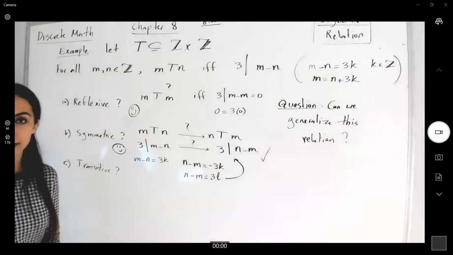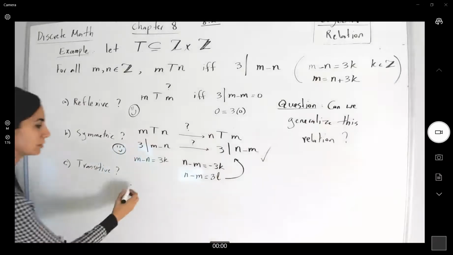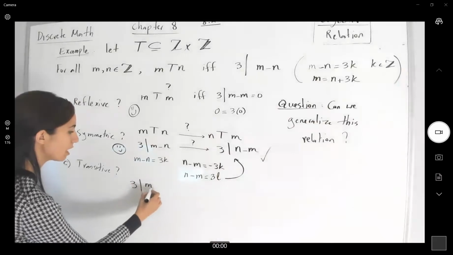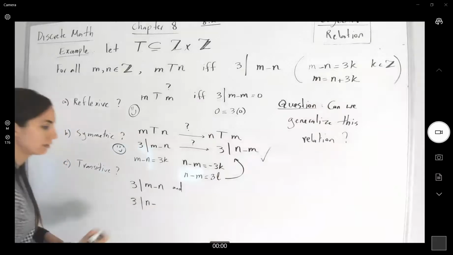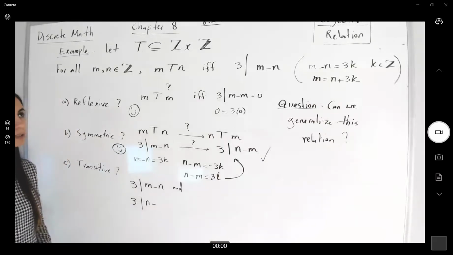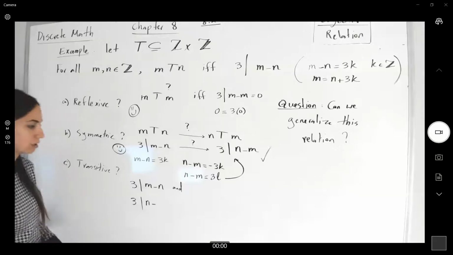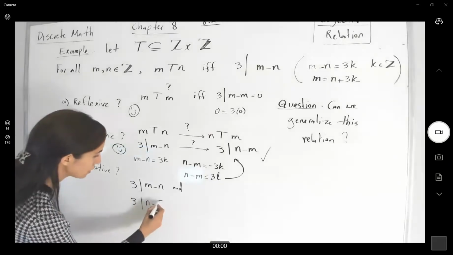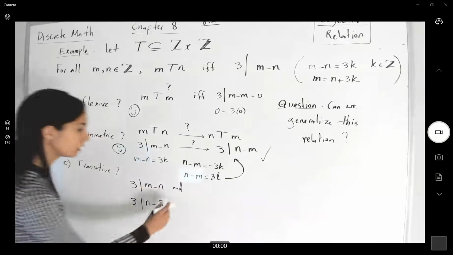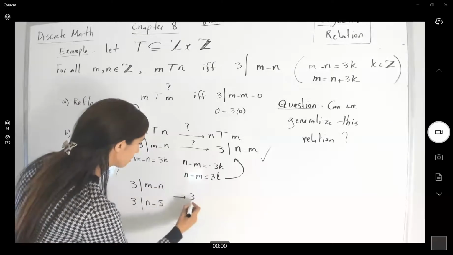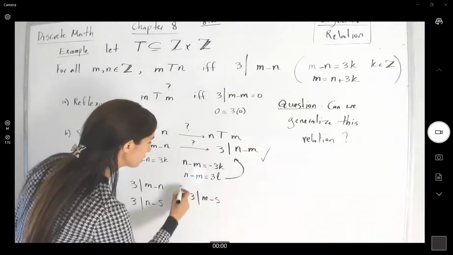Well, is it transitive? What's the meaning of that? It means that if 3 divides M minus N and 3 divides N minus an integer, let us call it S, so 3 divides M minus N and 3 divides N minus S, can we conclude that 3 divides M minus S?